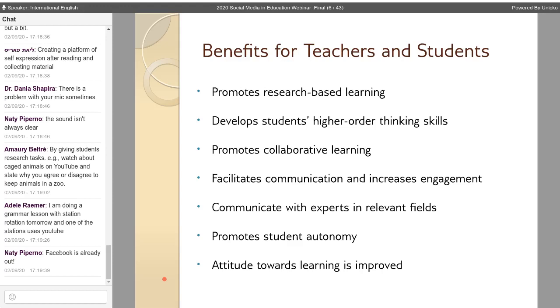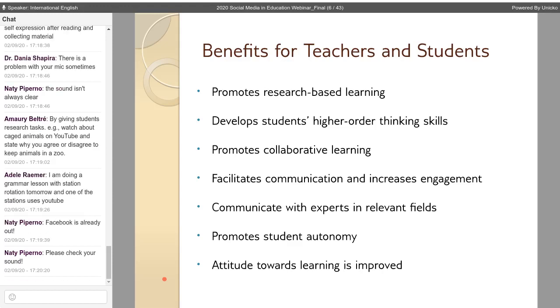Right, by giving students research tasks, watch caged animals on YouTube and state why you agree or disagree with keeping animals in a zoo. Exactly. When watching YouTube videos, in order to increase motivation and make the task more engaging and more interesting, always ask students to watch YouTube videos on somewhat controversial topics.